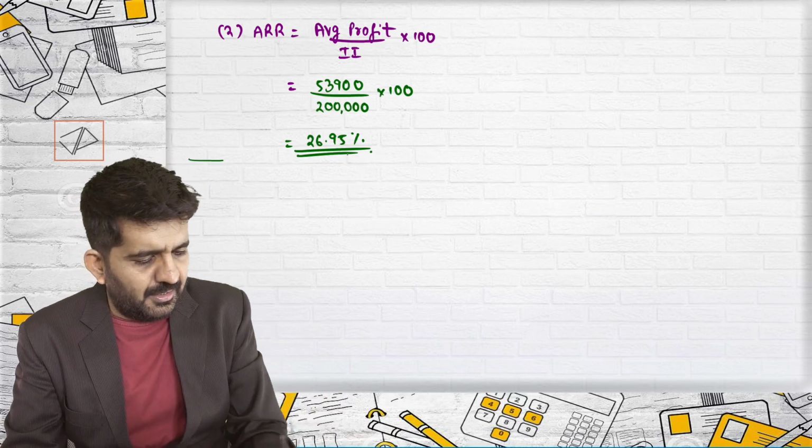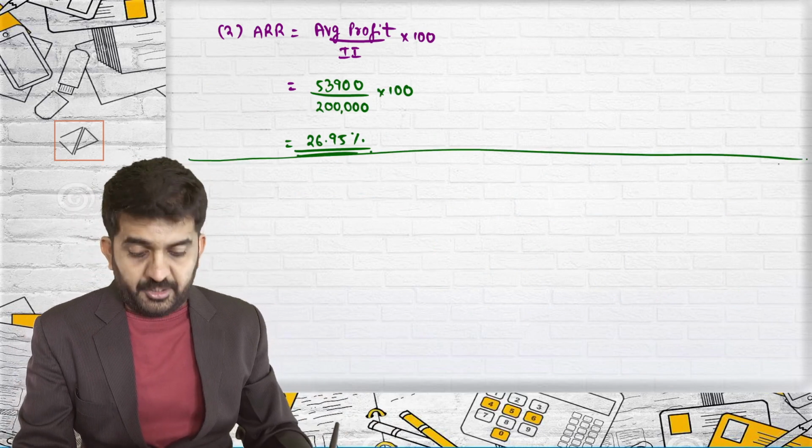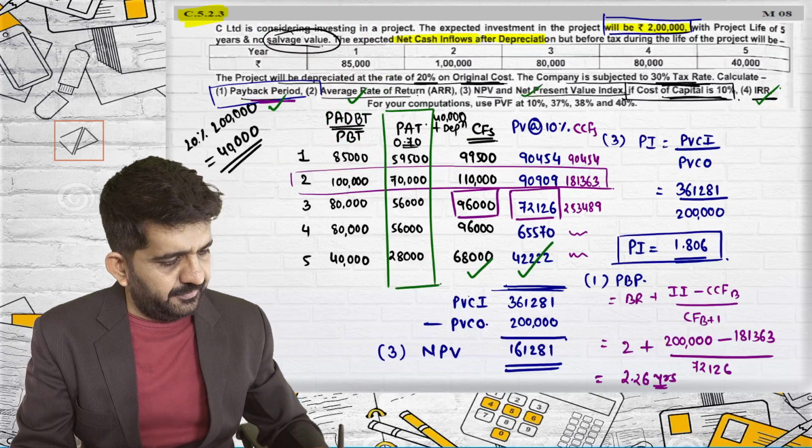For IRR, you might not need to write down, but I need to write down cash flows again.